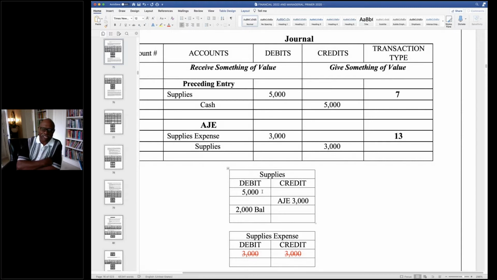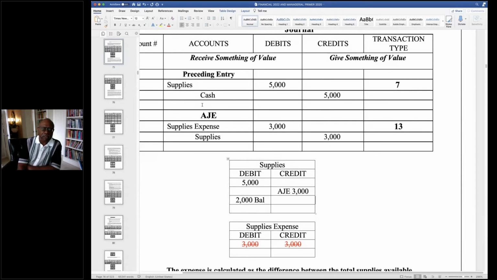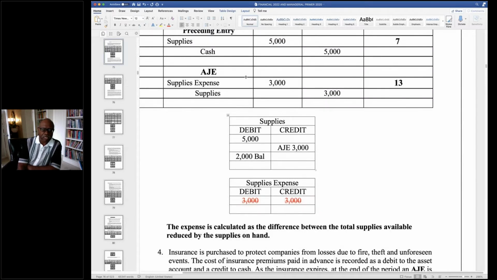I just have one question. When you put the adjusting entry on a supply T account, do you have to label it adjusting entry like you have it labeled here? Or is that just informational right now because it's new? It's kind of informational purposes, but it's not bad to do that, so you kind of know what's happening. It doesn't have to be there, but from a teaching purpose, yes. Can I color code it or something?